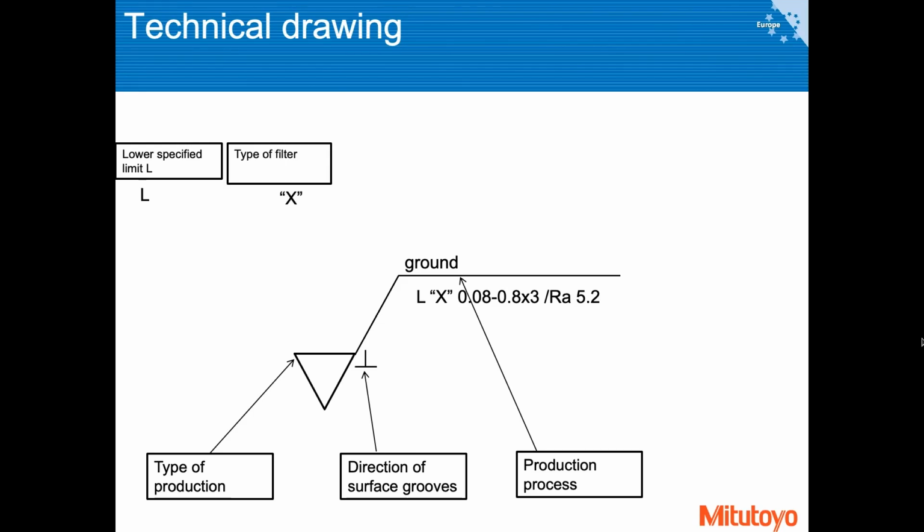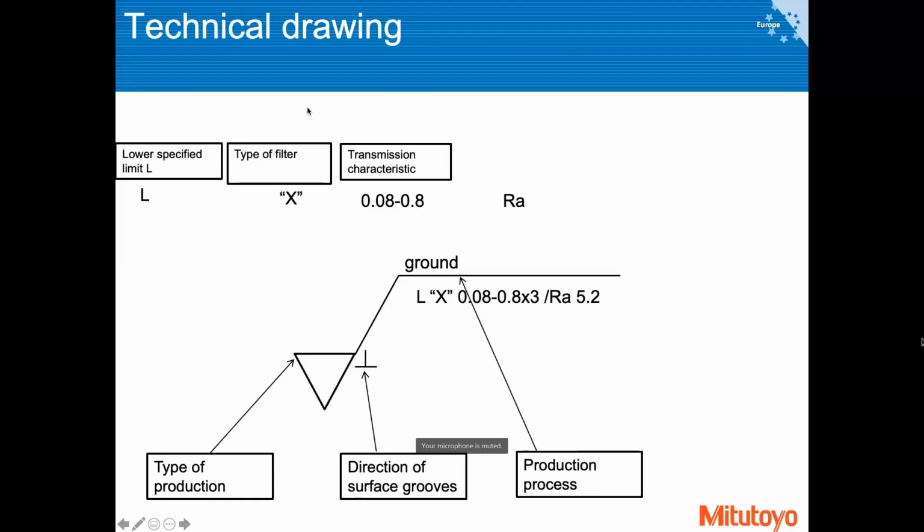X is the type of filter. There are typically these RC or Gaussian filters, two of them used in pretty much 95% of cases, I guess. If the Gaussian filter is used, you would write down capital G there, but most likely you won't use it anyway.